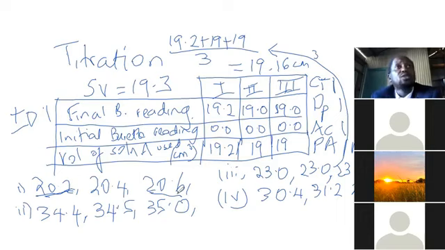You are supposed to choose 2 and average them, that is add 2 and divide by 2. So you can choose 20.2 plus 20.4 divide by 2, you get 20.3. Or 20.4 plus 20.6 divided by 2, you get 20.5.